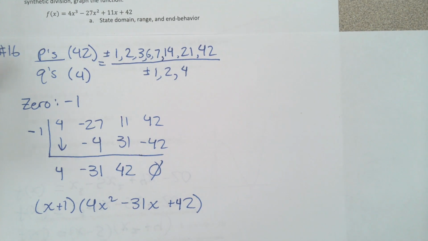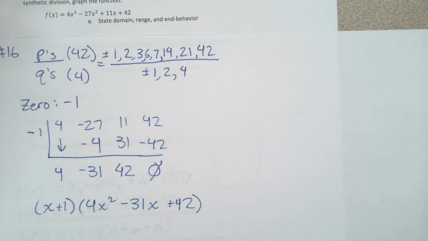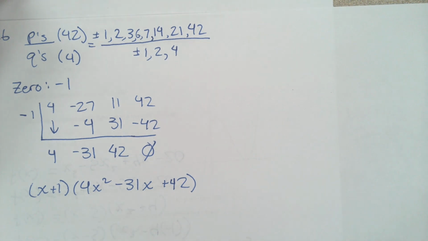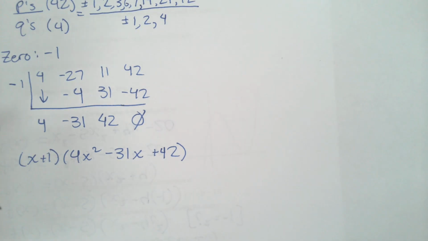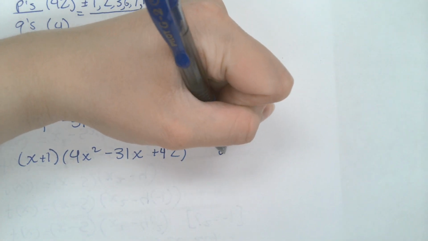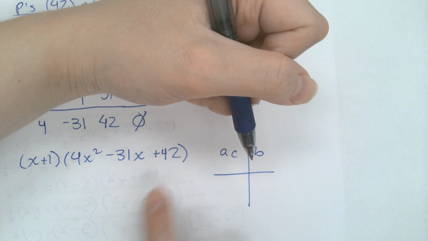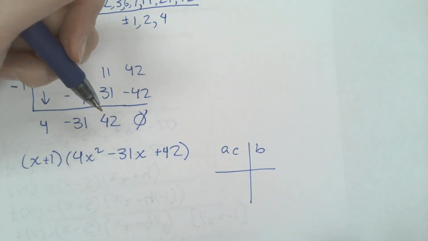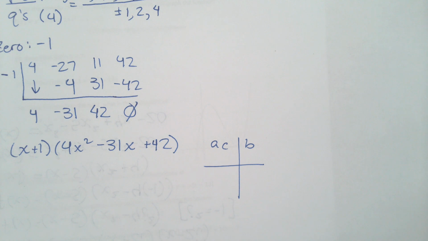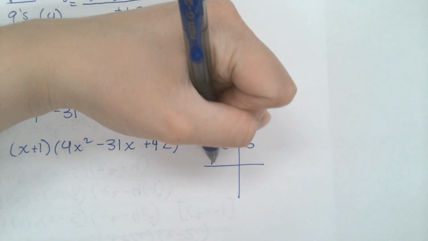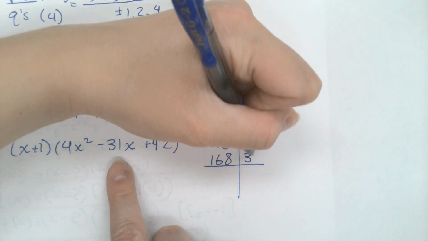Okay. So we're definitely going to want to use the slide and divide here. I will tell you, and you can tell by the calculator that these do come out decently. So you can use slide and divide here. So let's do that. So I need the ACB table to factor this down. So AC, what is 4 times 42? 168, and then we need 31.